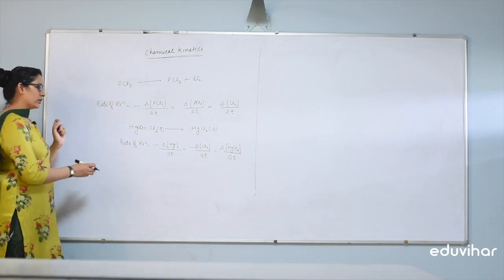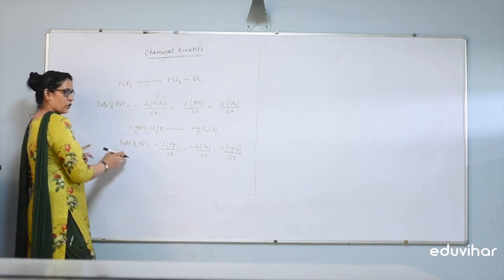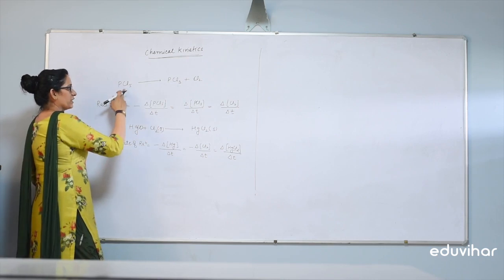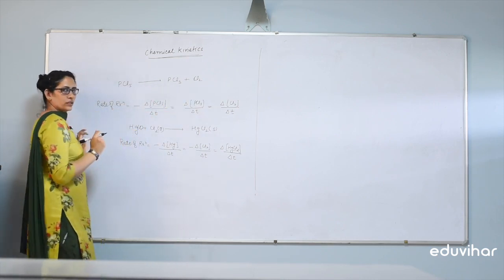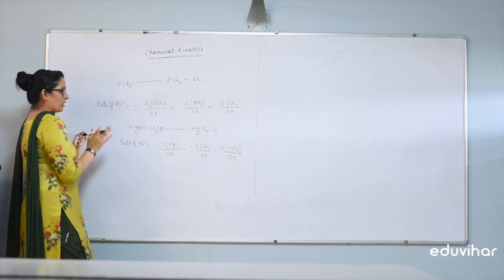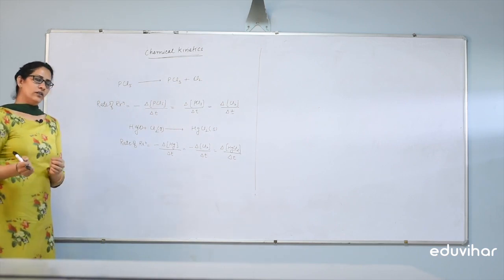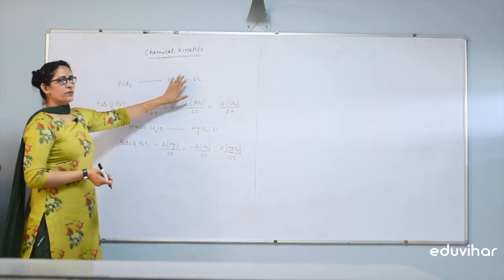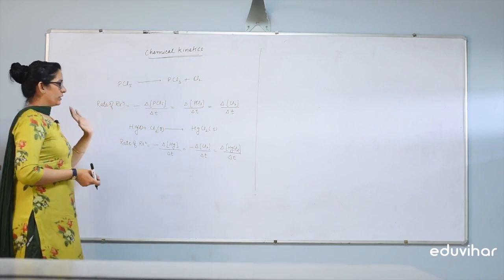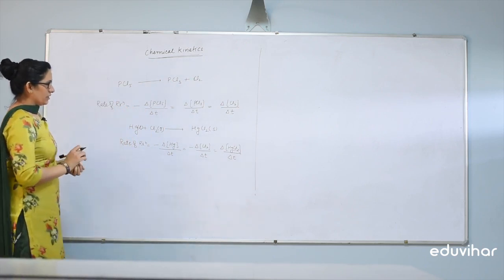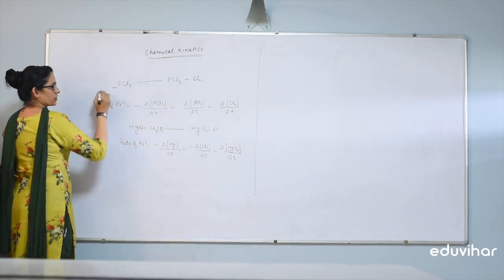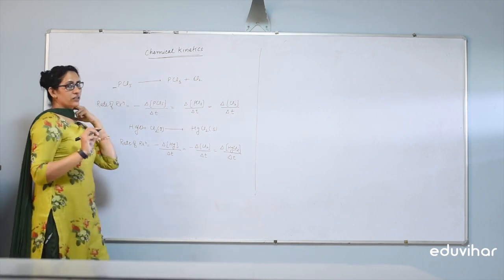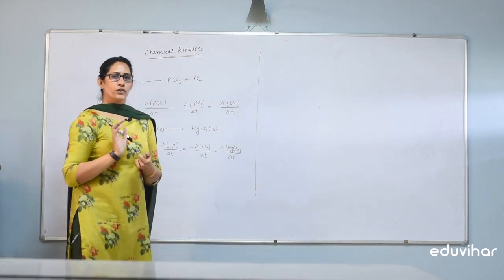So we can write down the rate of reaction of any reaction in terms of reactant or in terms of product. Is it clear? How we can calculate the rate of reaction if we have some specific reactions? In these reactions, the stoichiometric coefficient means the balancing coefficient.